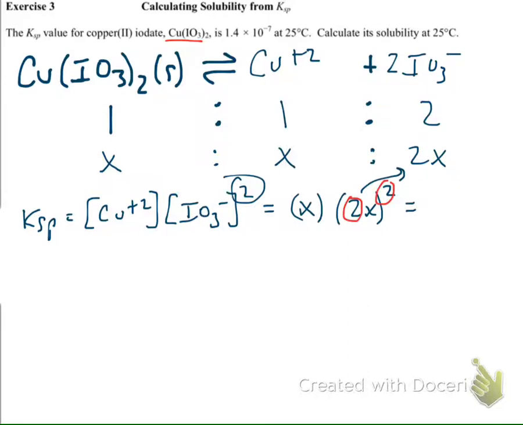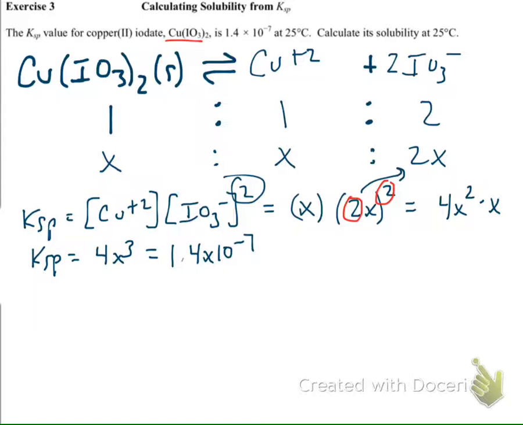So this becomes 4x squared times x, or our KSP equals 4x cubed, with our value being 1.4 times 10 to the negative 7th.